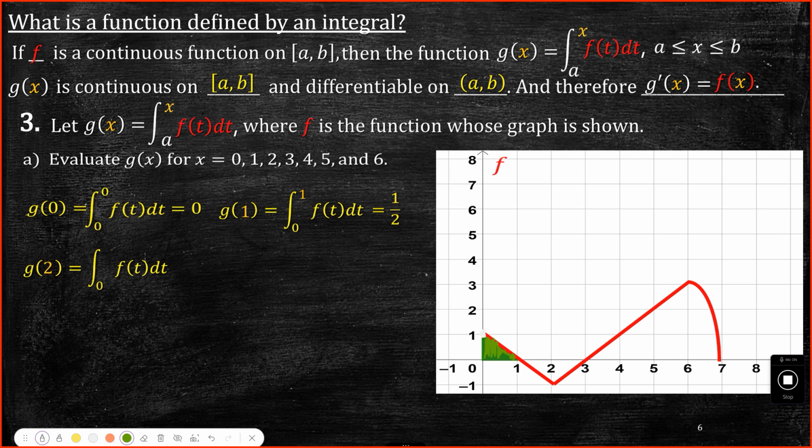G of 2, and it's starting from that 0. Then I went forward, then I'm going to go backwards. So what do you guys think the answer is going to be there?